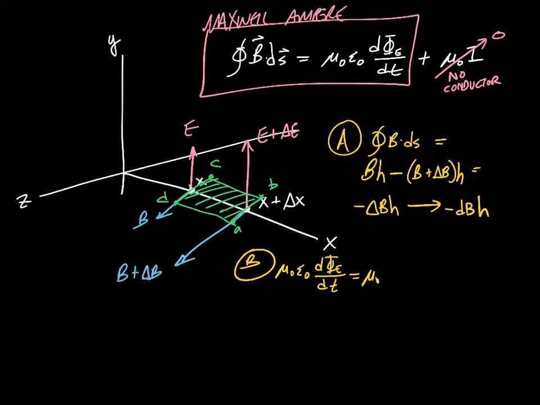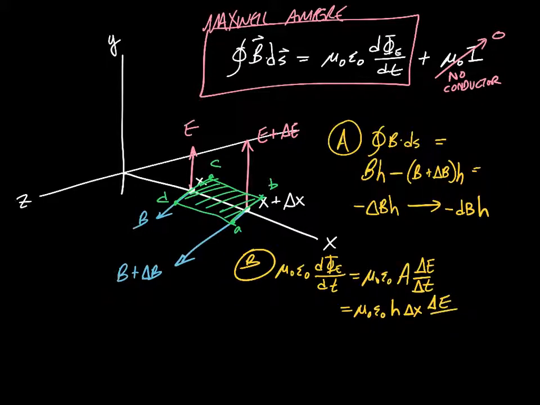Again, remember that flux is an area computation and then the change in the field associated with that area. And here we're going to get, well, our constants stick around, but the area, just like before, is going to be the height of the box, and it's still changing along the x-axis. So it has that in common with what we did with Faraday.